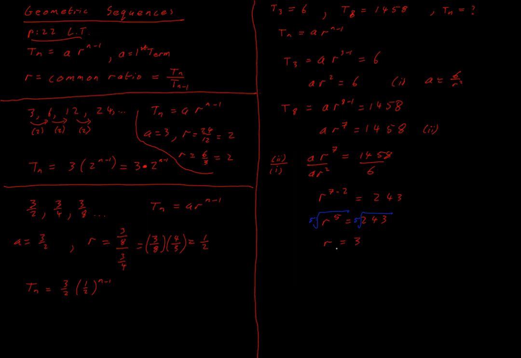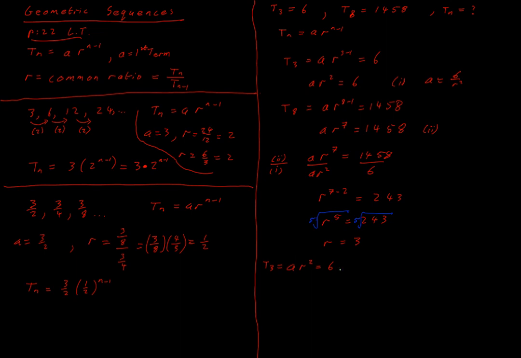Now I want to find my missing A value and my value for Tn. That's what I'm looking for. So I've now got the r I need. I now need to get the A. I can use either of these equations to find my value for A, because I know that A r squared is equal to 6. So this is T3. Just to remind you, T3 we found was A r squared is equal to 6.